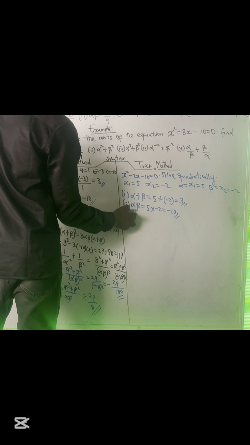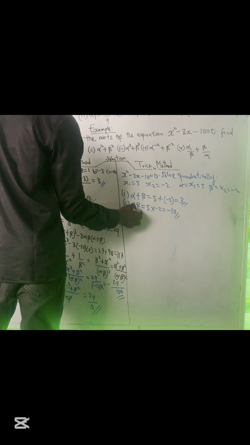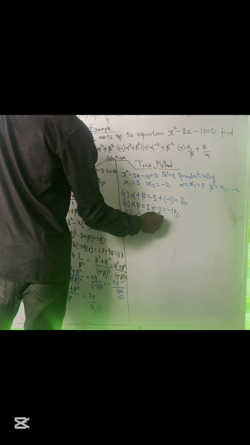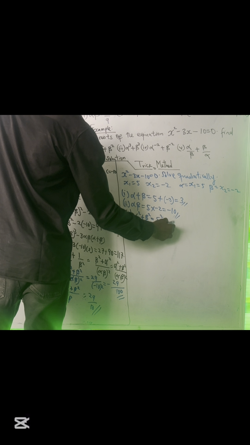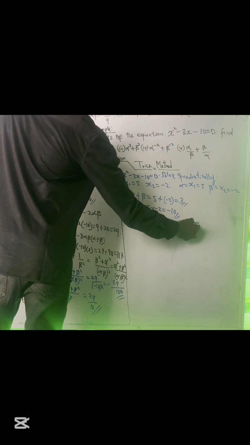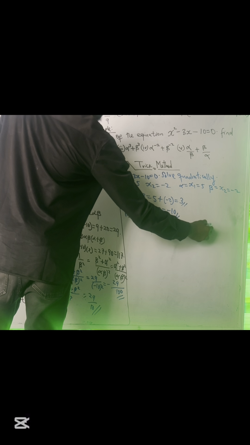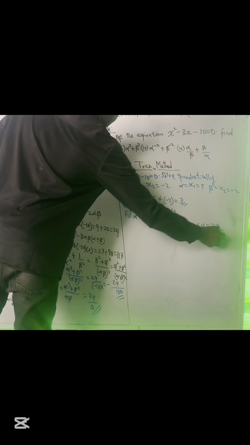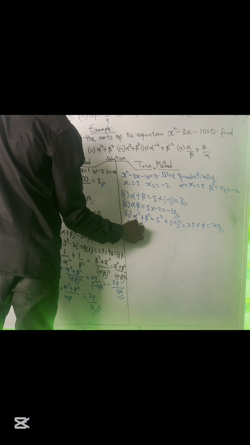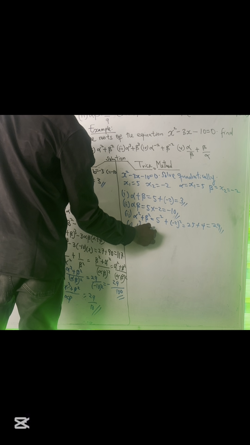The next one, guys, we have to look for alpha square plus beta square. My alpha is 5, that is 5 squared, plus my beta is -2 squared. 5 squared is 25, plus -2 squared is 4, that's equal to 29. The same thing we got here. The next one is we should look for alpha cube plus beta cube.